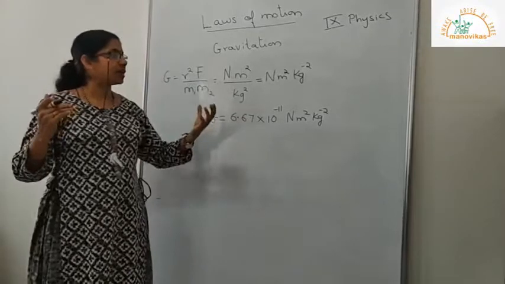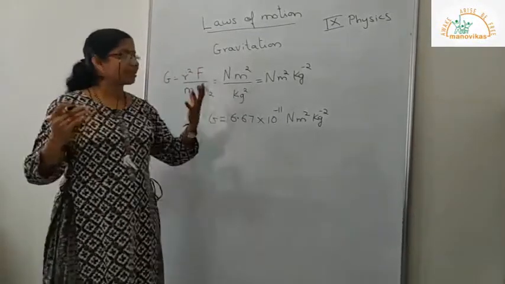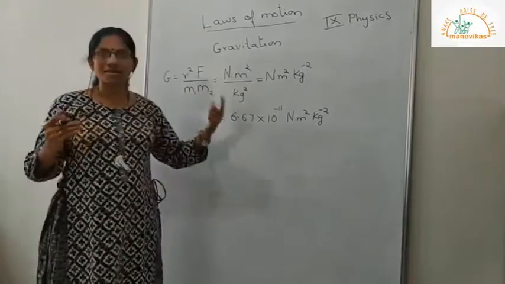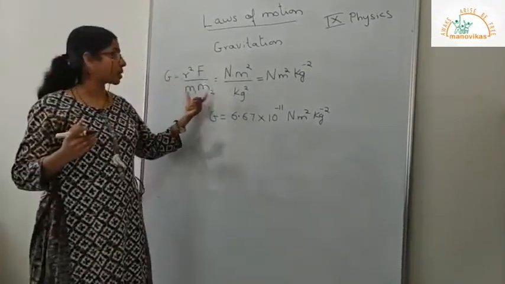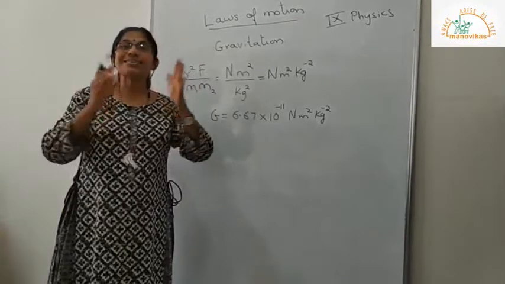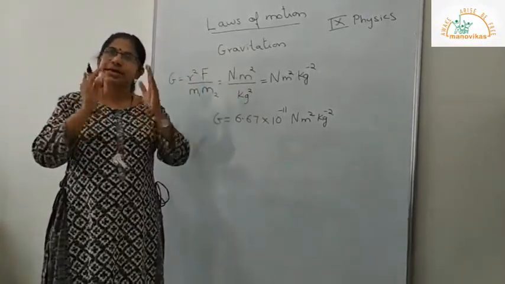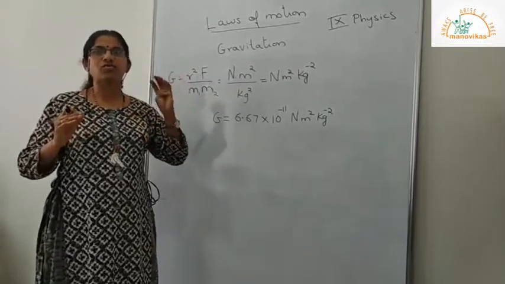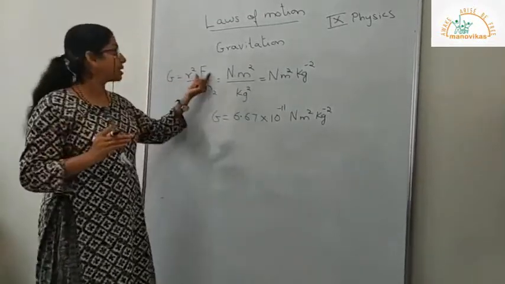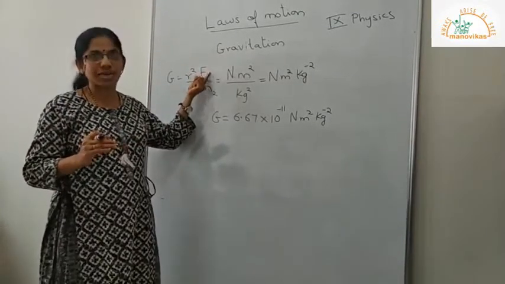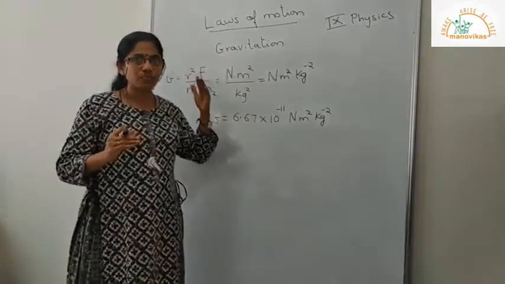And then it is directly proportional to the product of masses. As the distance of separation increases, the force of attraction decreases. So these are 4 observations which are made regarding the gravitational force.